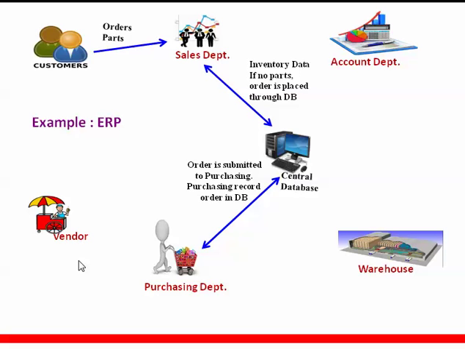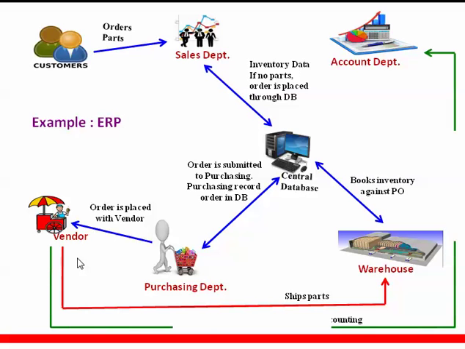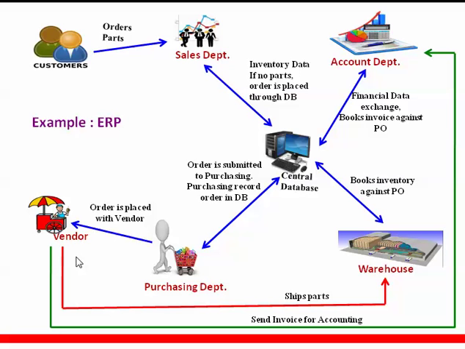Subsequently, the purchase order is sent to the purchase department, and the purchase department places the purchase order to the vendor. The vendor ships parts to the warehouse and sends the invoice to the accounts department. The accounts department does the necessary update to the database corresponding to the purchase order.